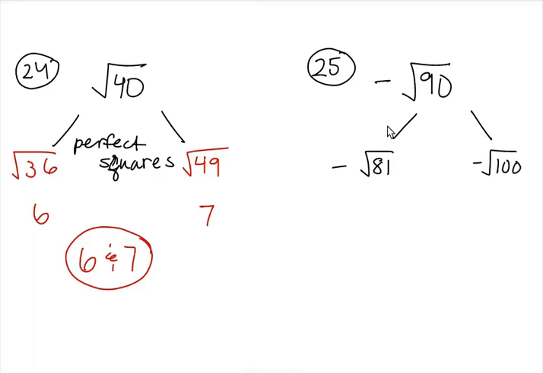It's as simple as that. So negative square root of 81 would be negative 9 if I look at the integer. Square root of 100 is 10. So negative square root of 90 is in between negative 9 and negative 10.